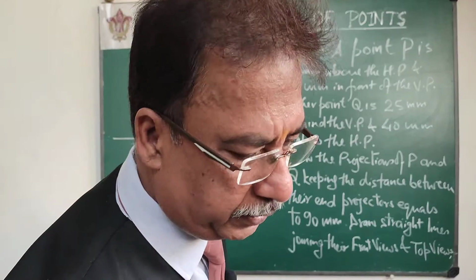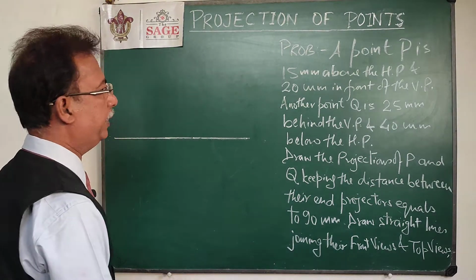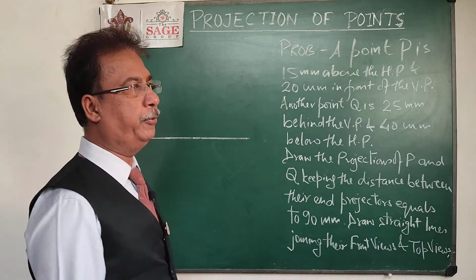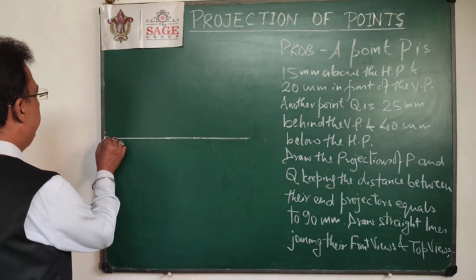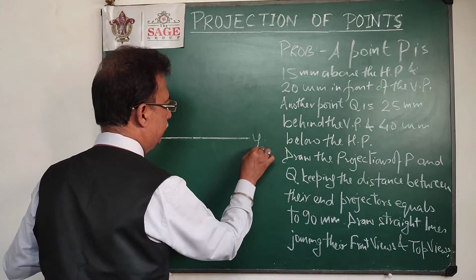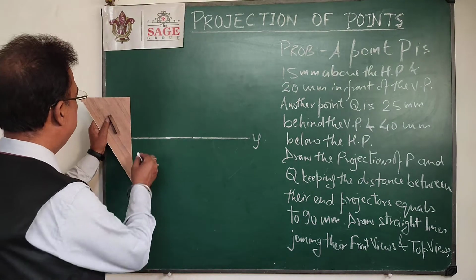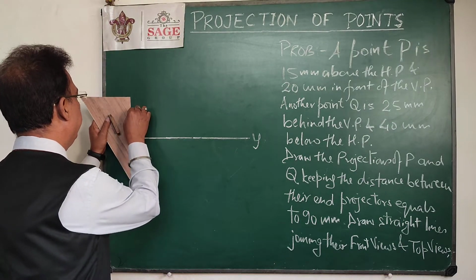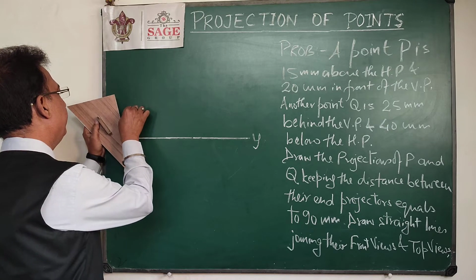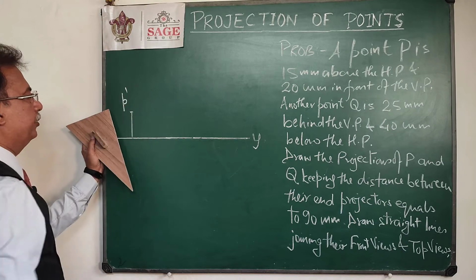So we will begin with point P, which is 15 mm above HP. As you know, whenever a point is 15 mm above HP, its front view will be 15 mm above the reference line. So initially we draw our reference line. Then the point 15 mm above XY will be P dash.